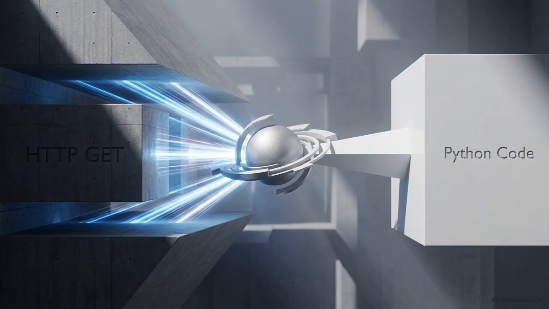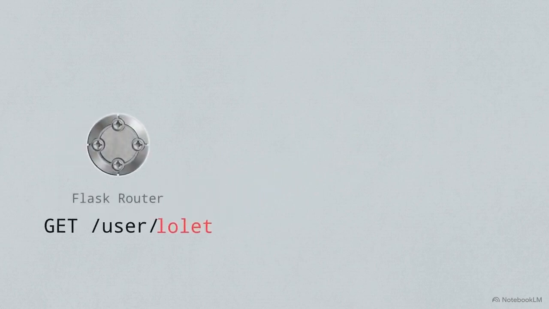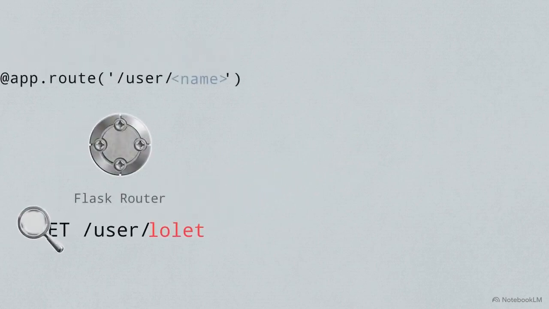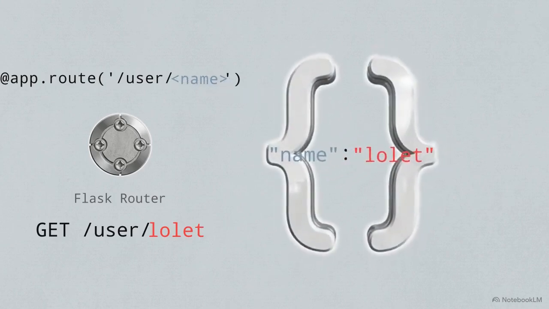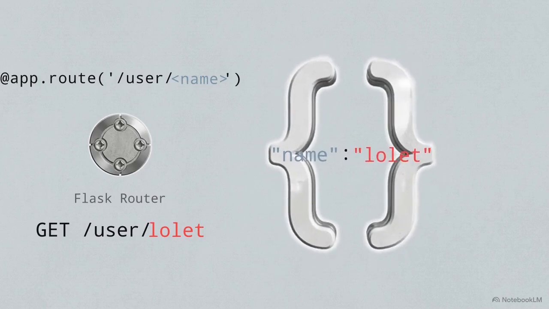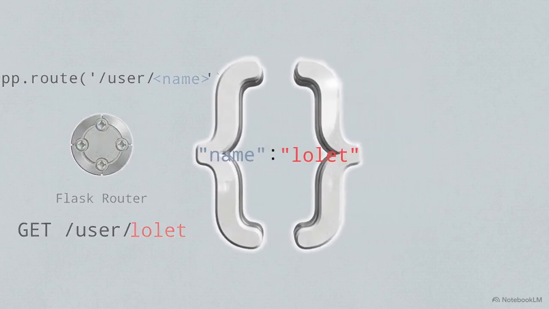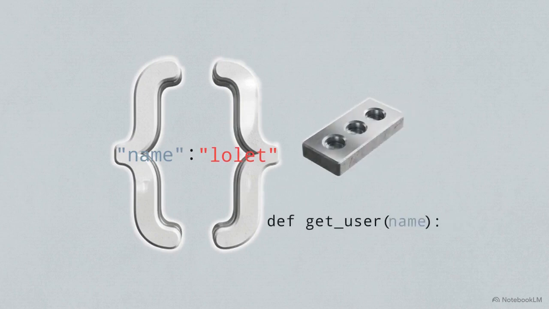This memory mechanic allows web frameworks to map network traffic to Python code. An HTTP GET request for /user/lulit enters the server as an unstructured string of data. Flask intercepts the string, compares it against your defined routes, and extracts the variable value lulit. Flask then triggers the same dictionary construction process we saw earlier, pairing the route parameter name with the value lulit.